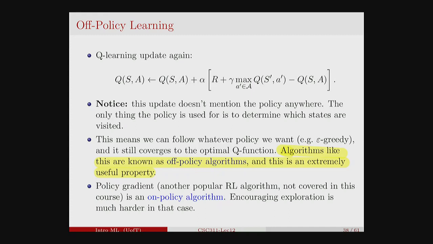And algorithms for learning in reinforcement learning that enable us to follow whatever policy we want are called off-policy algorithms. And this is just a name. If you were to read research papers, you would find names like off-policy versus on-policy. Off-policy basically means it doesn't matter what you choose in terms of how you trade off exploration and exploitation, you still have guarantees on the convergence of your algorithm, as long as certain conditions are met for your policy.